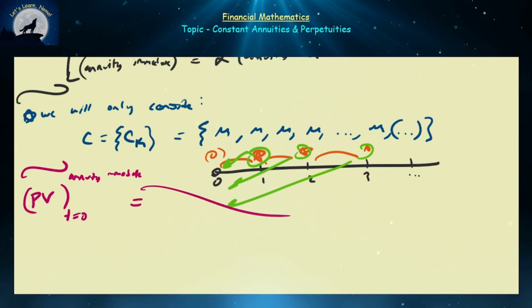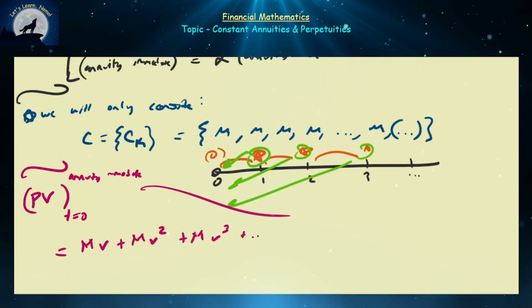So that means this present value, and keep in mind all of them are equal to some value of m, is going to be equal to a discounted value of m, plus a discounted value of m v squared, and then m v cubed, all the way down to the last one, which is going to occur at time t equal to n.